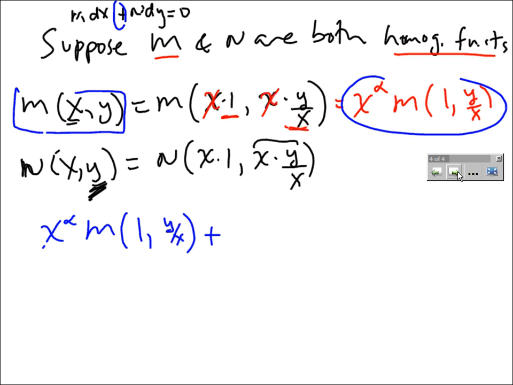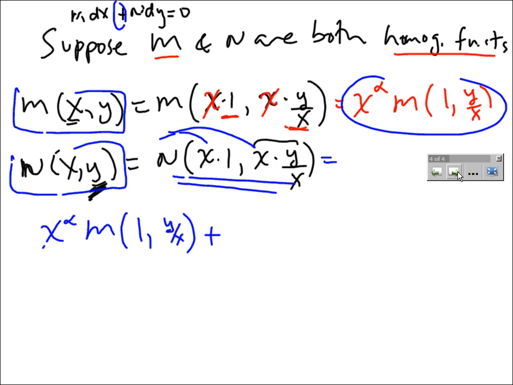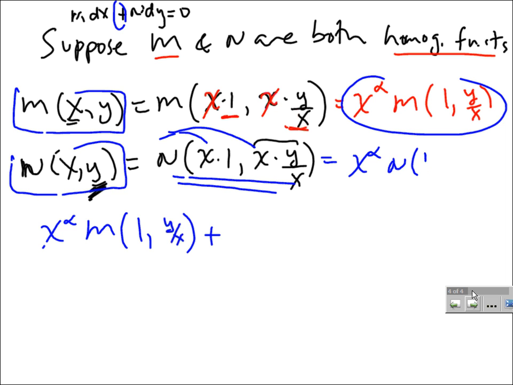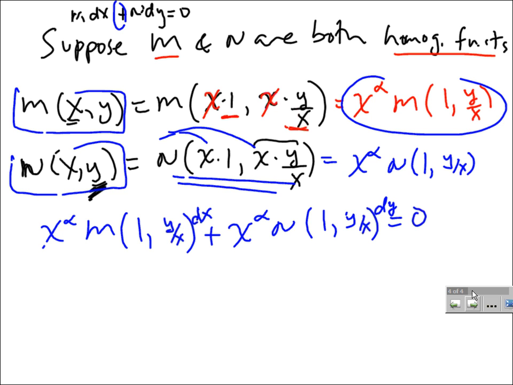Plus n of x, y, which is x to the alpha times n of 1 comma y over x. And this equals 0. I have one error, or two errors: this should be dx, and that should be dy.